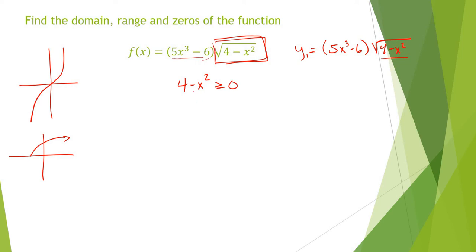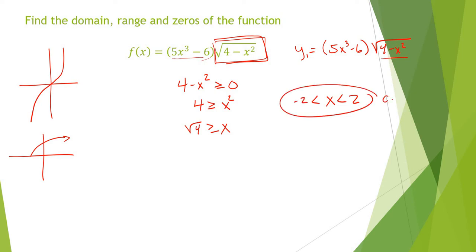So let's look at this. Adding the x squared to both sides, 4 has to be greater than or equal to x squared. Taking the square root of both sides, x has to be less than or equal to the square root of 4. Now that can be 2 or minus 2. That means that x has to be between 2 and negative 2.